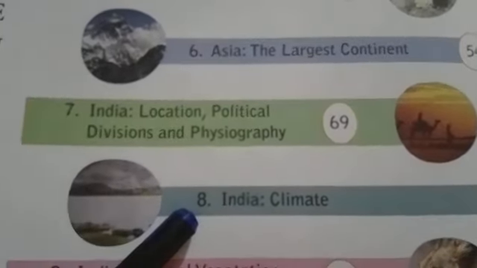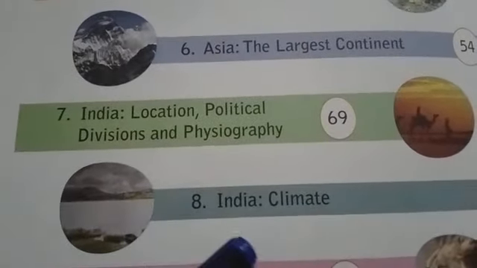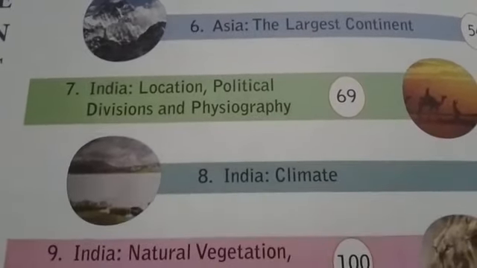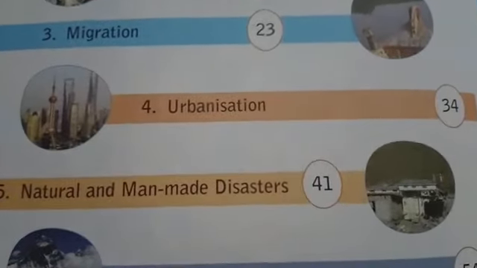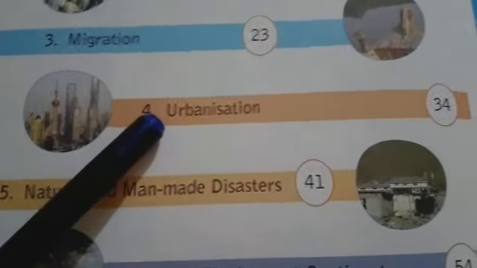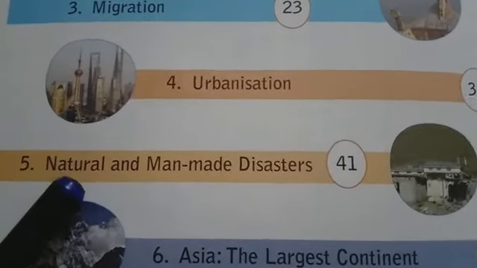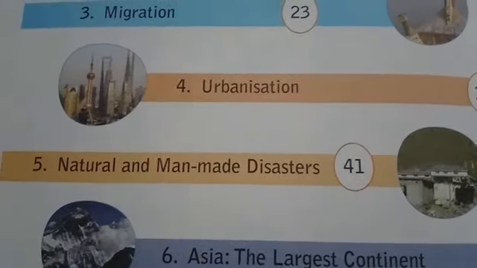Then chapter 8, India: climate. Then chapter 4, urbanization, and chapter 5, natural and man-made disasters.